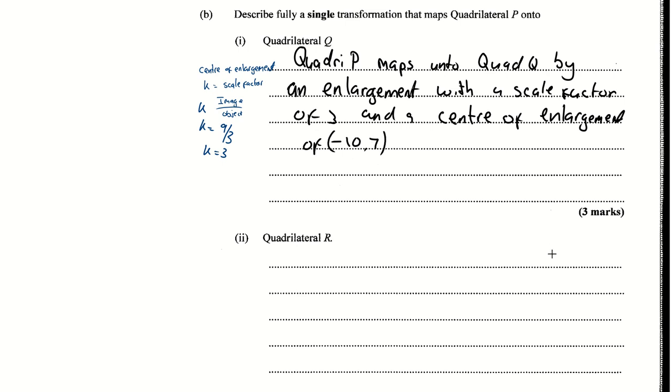That's it. Your 3 marks: saying it's an enlargement, saying your scale factor, and then saying the center of enlargement. That's where you get your 3 marks.